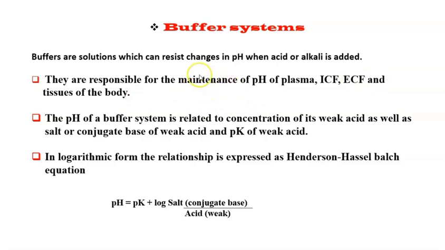We have different kinds of buffer. We have the bicarbonate buffer, which is in the extracellular fluid. We have the phosphate buffer, which is in the intracellular fluid. And we have hemoglobin buffer, protein buffer, and so many of them.